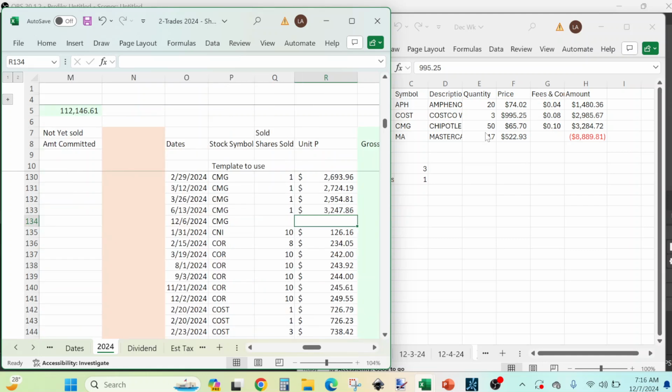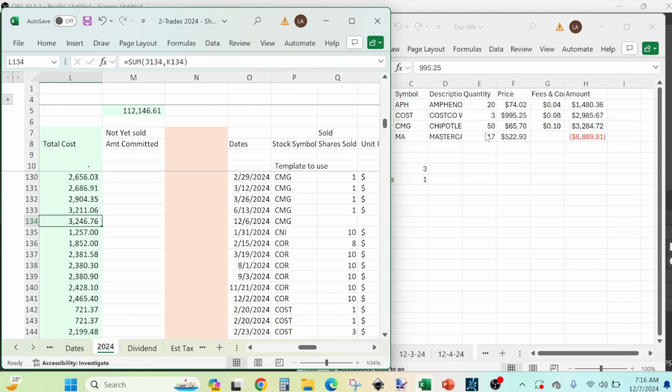So when it does that, it makes it a little bit challenging for me to do that record. We paid $32.46 for it. So I might have to do some adjustment here. Okay, let's put that 50.